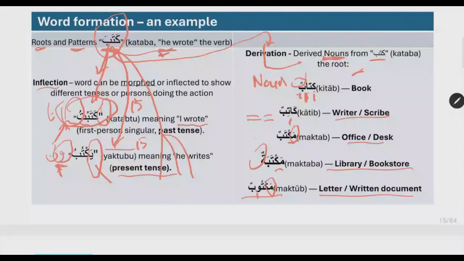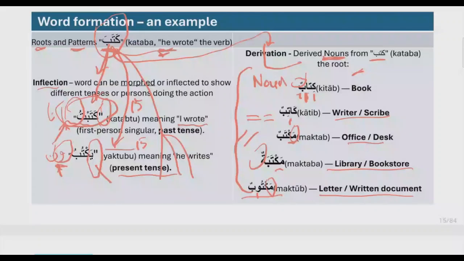So, you can add the duals and the plural forms on all these noun forms, and you get a whole lot of other words that come out of these base noun words as well. So you can see how from one root you can sometimes get a 2-page, 3-page entry in a dictionary, just describing all the different meanings of the root form kataba.